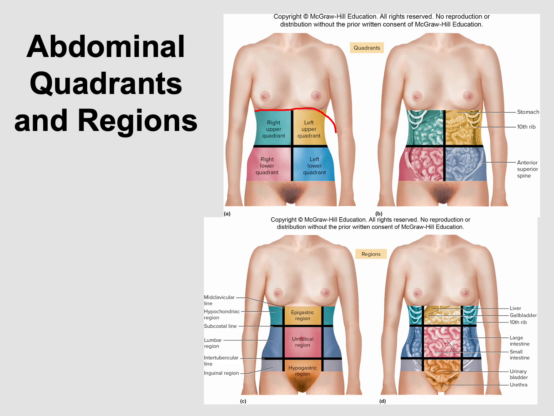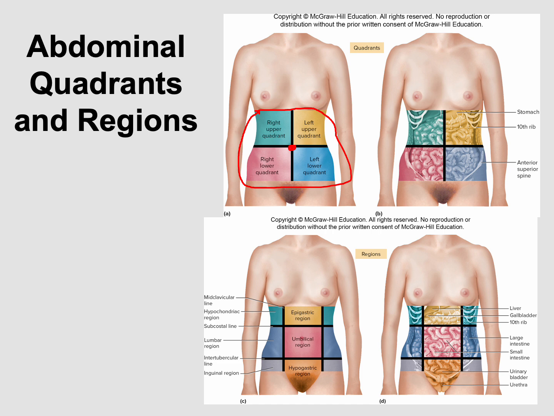Let's focus on the upper pictures, where the abdominal is divided into 4 different quadrants. We've got the right upper quadrant, left upper quadrant, right lower quadrant, and left lower quadrant. The reason this is important is that if a patient comes to the ER, we are able to locate the pain using a reference point, and the reference point usually is the umbilicus.